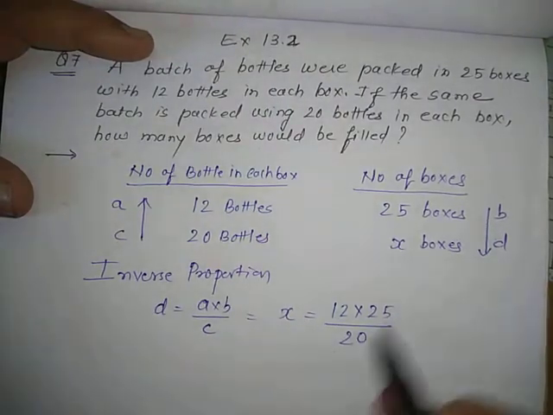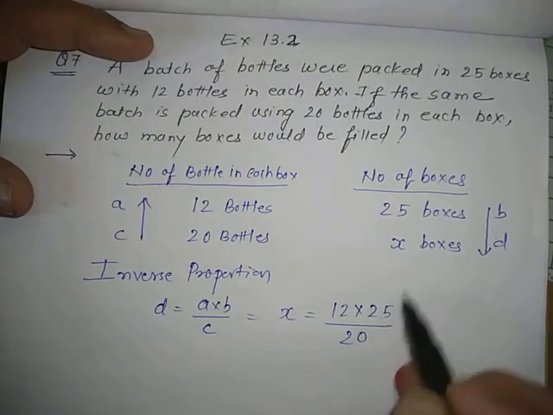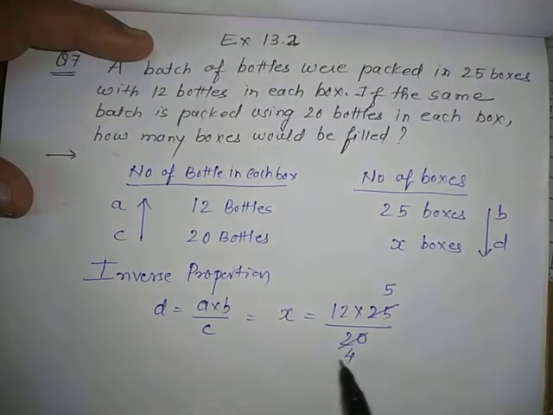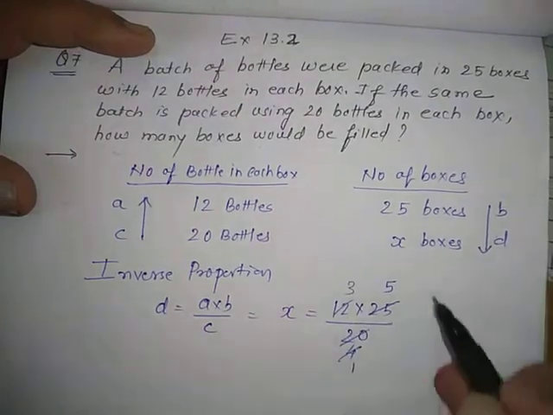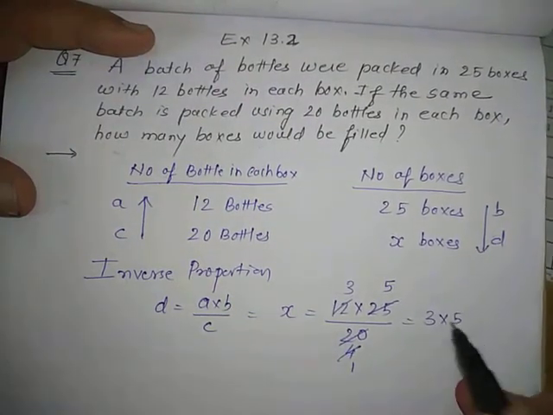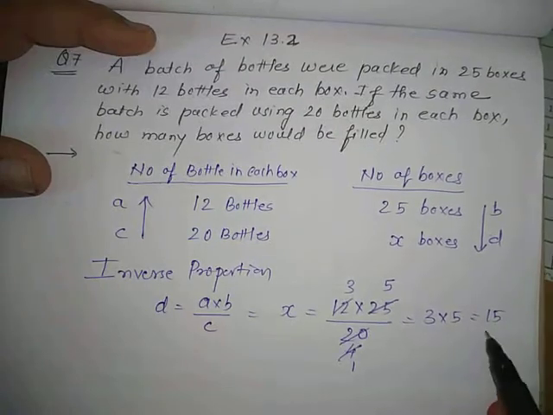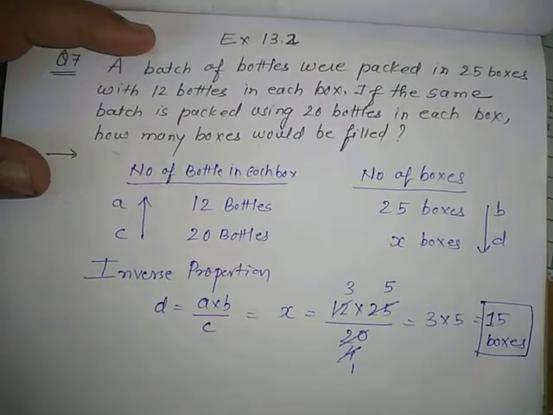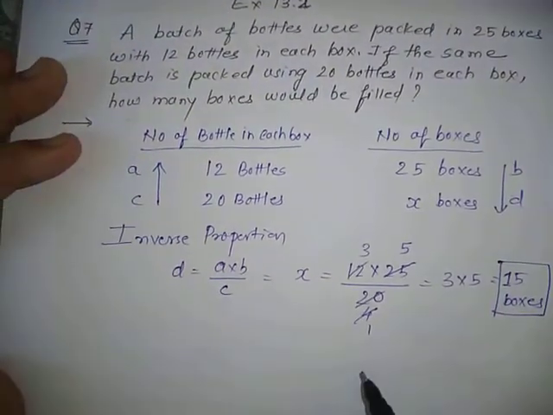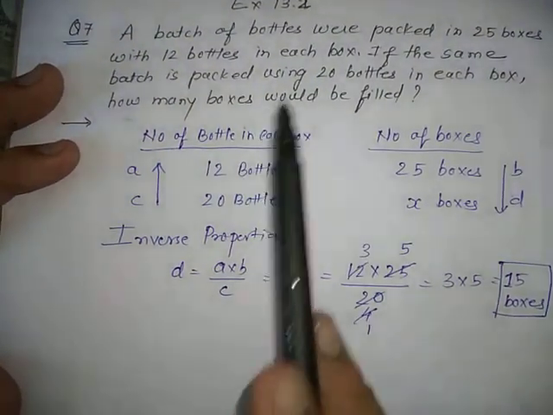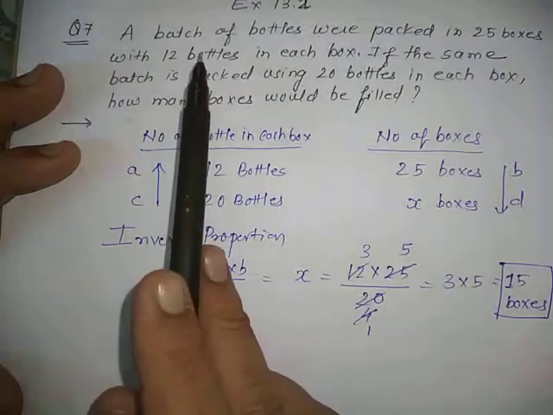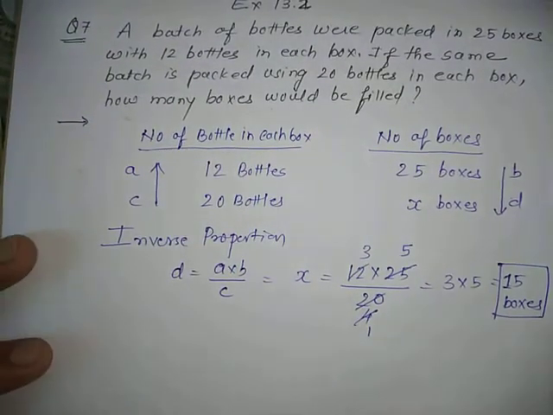So now you can cut it out. Both are divisible in the table of 5. 5 fives are 25, 5 fours are 20. Now 12 and 4, 4 ones are 4, 4 threes are 12. So 3 into 5 means 15 boxes. How many boxes required? 15. Okay, 15 boxes are required to fill the same lot. Hope this much is clear to you all.